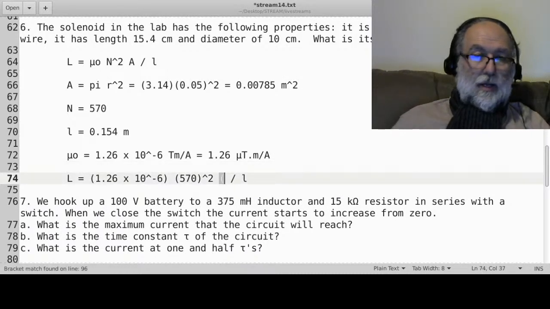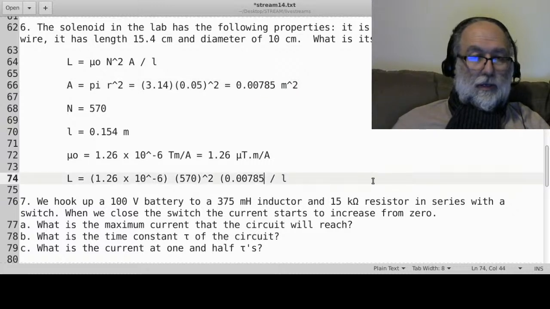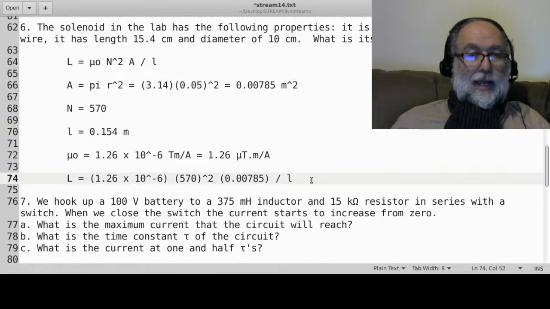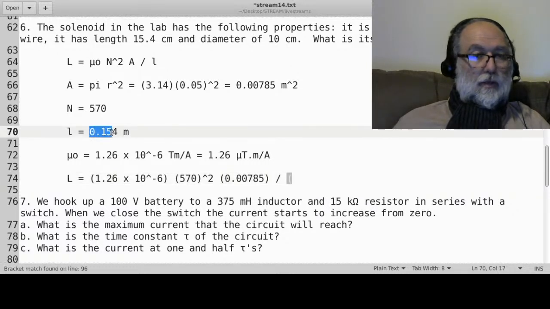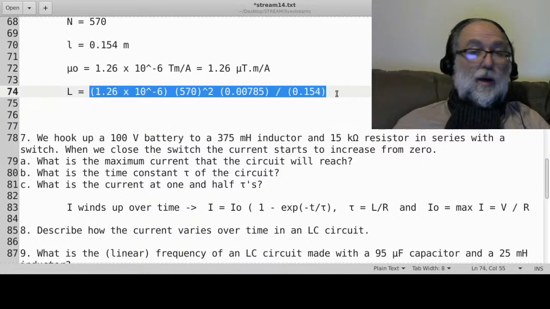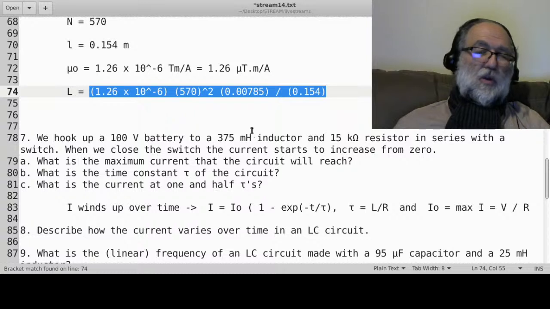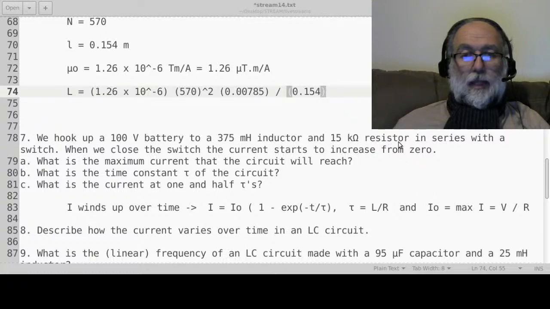The area, there it is. And the length, there it is. So there we go. Now this will come out in MKS. I was going to work it out in microhenries, but that's okay. We'll just do it this way.